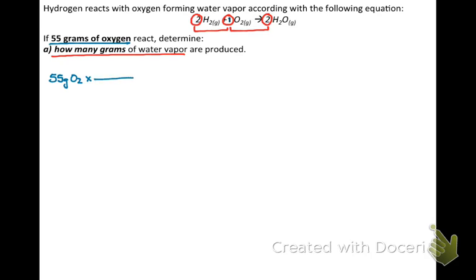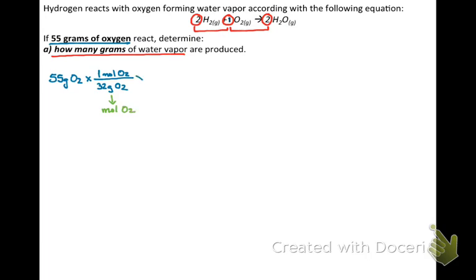For this I will use the molar mass: 32 grams of O2 equals 1 mole of O2. If I stop my calculations here, I will have moles of O2.